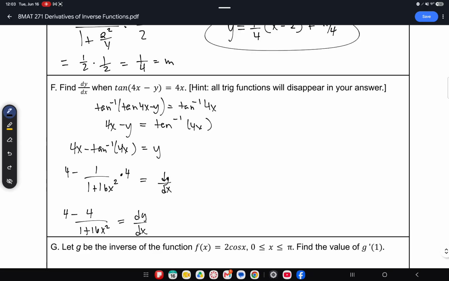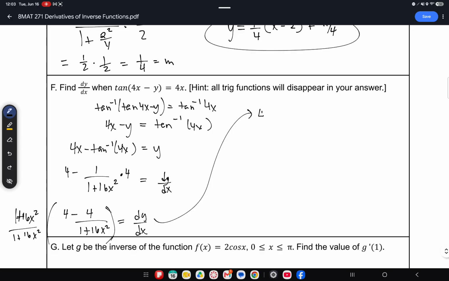I could clean it up to get it into one fraction, make it nice and pretty. So why don't we go ahead and do that? Just multiply both of these terms by the 1 plus 16x squared. I'll distribute that 4.